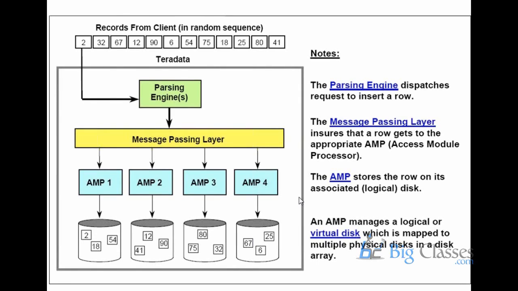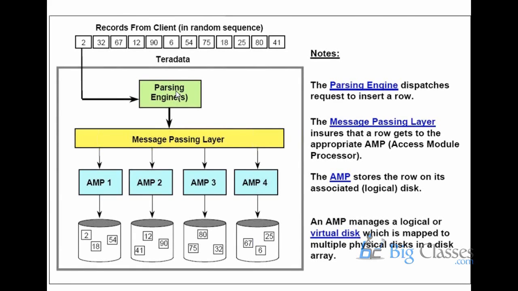At that time, you configure in that particular node how many parsing engines and how many AMPs you want. Yes, in the same node we can have more than one parsing engine.